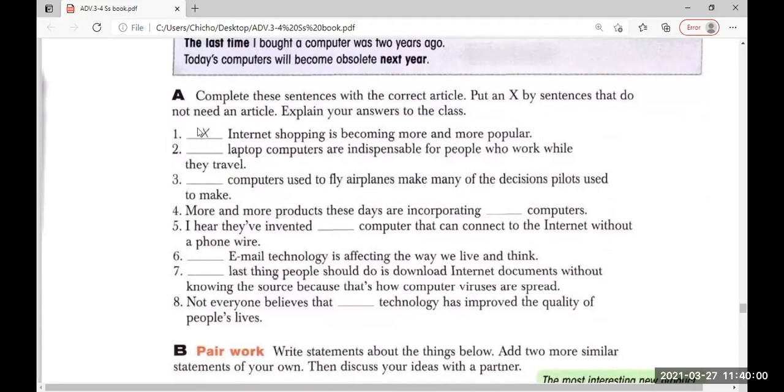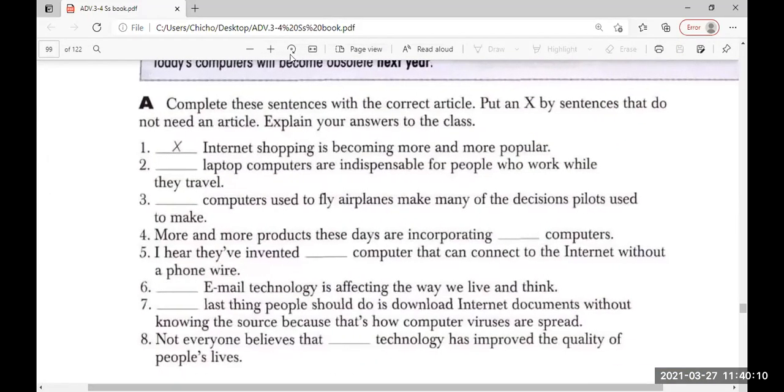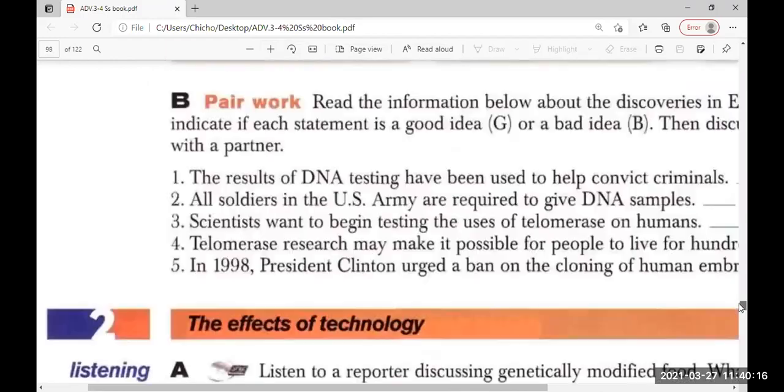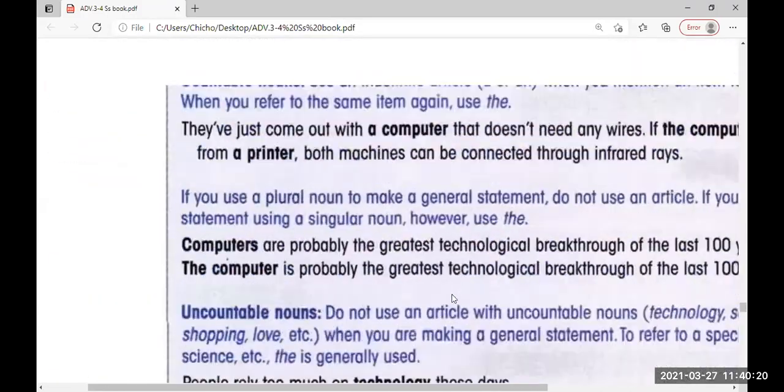So when you don't choose an article, you need to write a cross. For example, here, internet shopping is becoming more and more popular. What do you think about this? Why we don't need an article in this sentence?